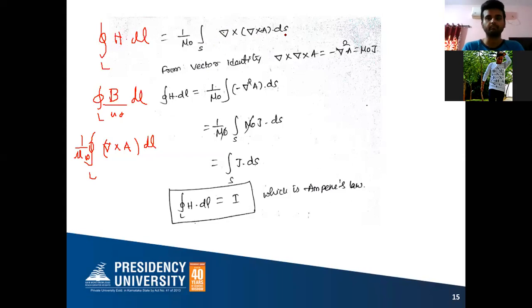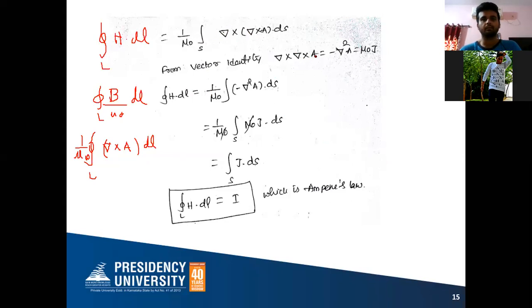Stokes theorem states that a line integral can be converted to a surface integral by using curl. That's what Stokes theorem says. I've already discussed Stokes theorem in my previous lectures, so you know all these things.